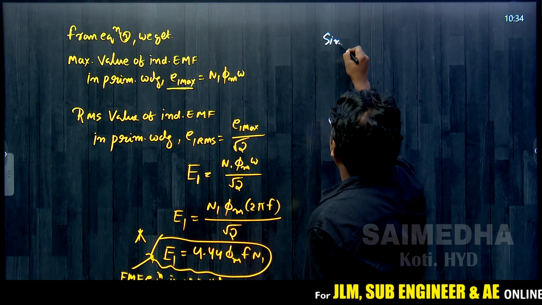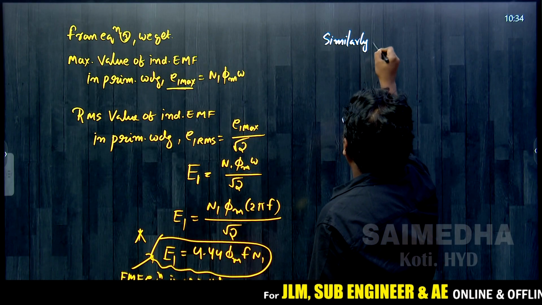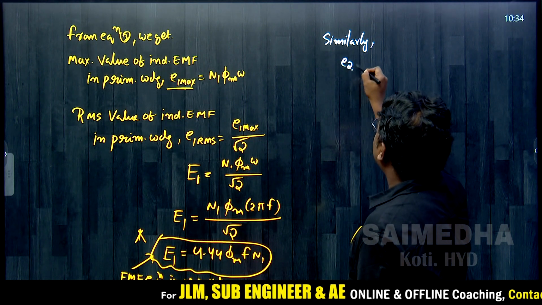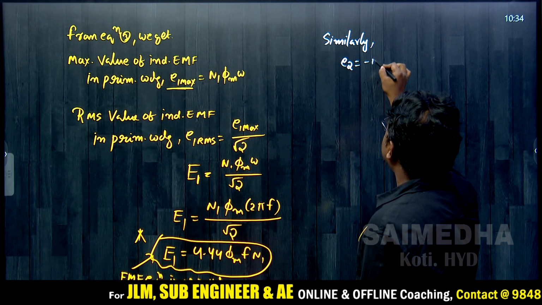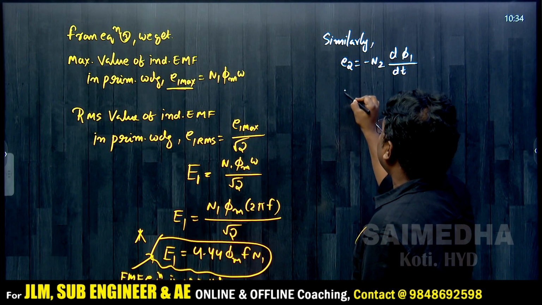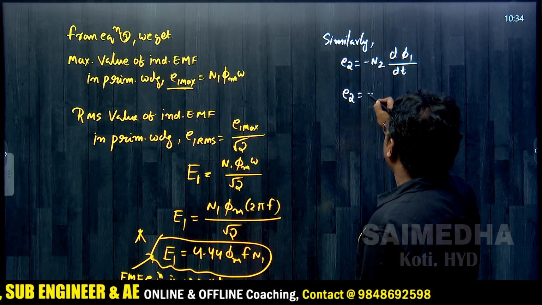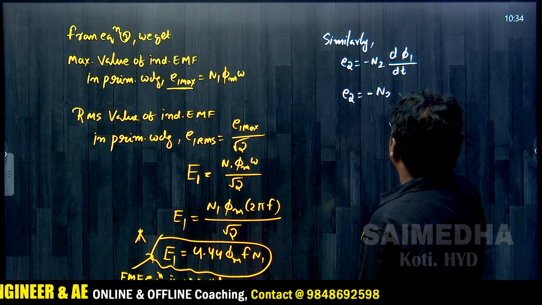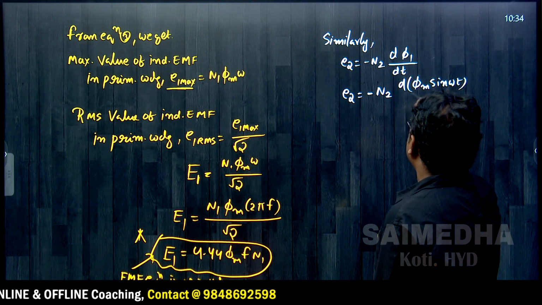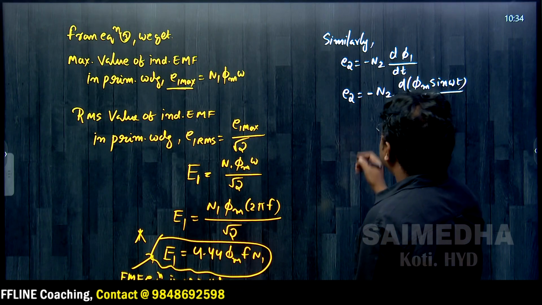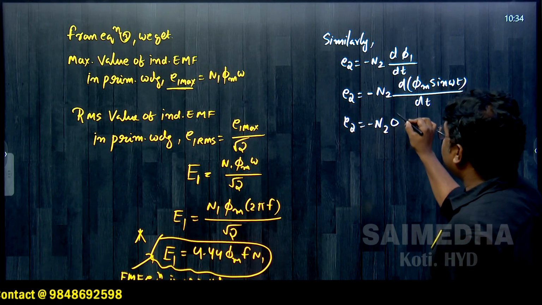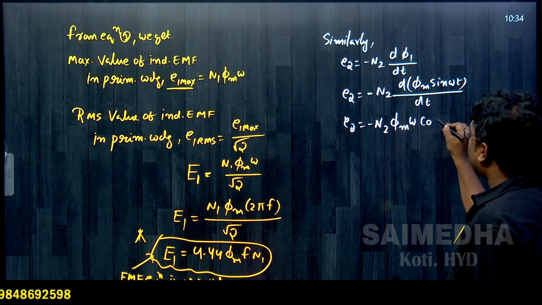Similarly, for the EMF induced in the secondary winding, E2 is equal to minus N2 times the differentiation of the flux phi maximum sin omega t with respect to time t. By simplification we get minus N2 phi maximum omega cos omega t.